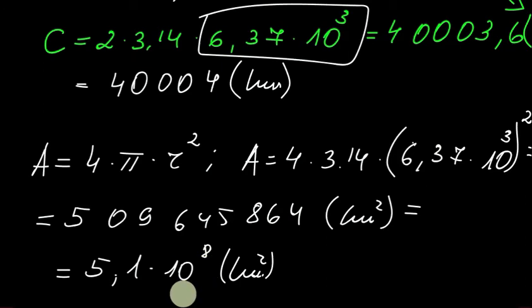How did I get the 8th power? Well, here, count how many digits are here, because I put a dot here. So 1, 2, 3, 4, 5, 6, 7, 8. So it's 10 to the 8th power. And I also rounded this, because this is 509, so this is approximately 5.1.